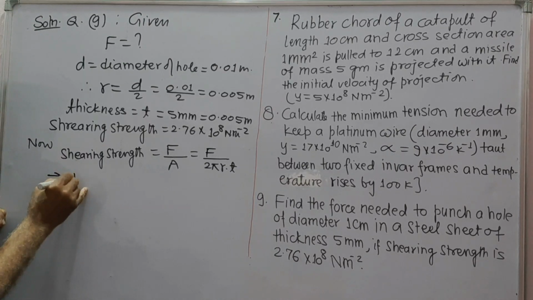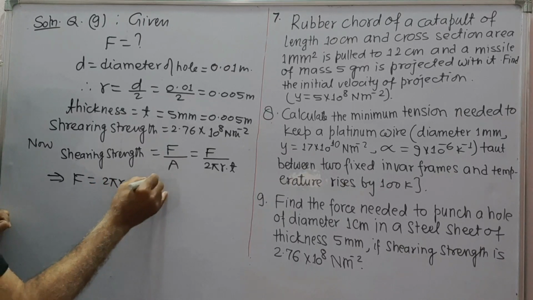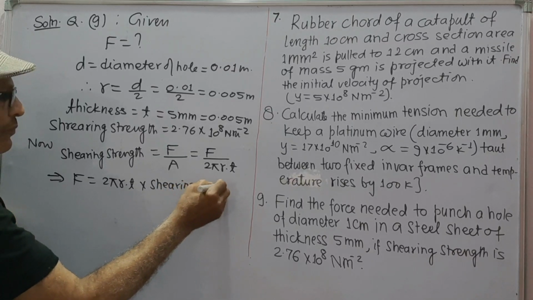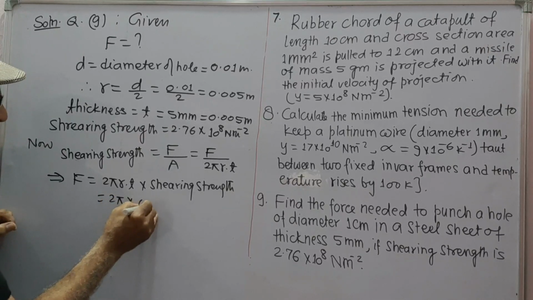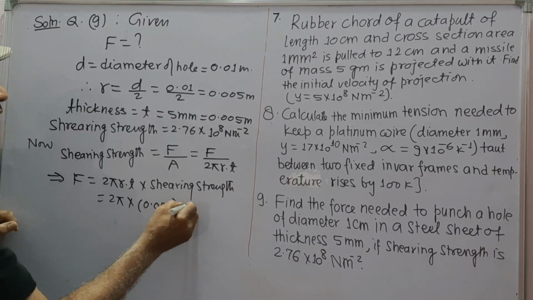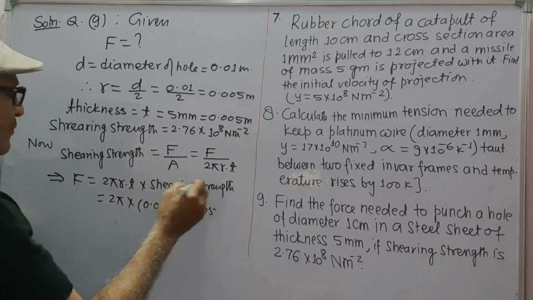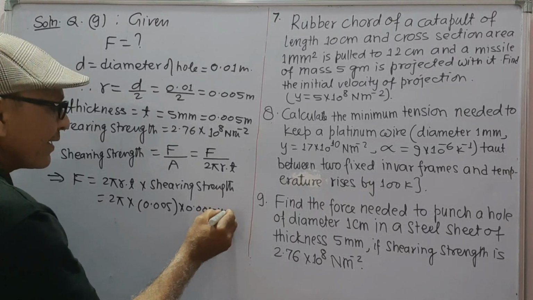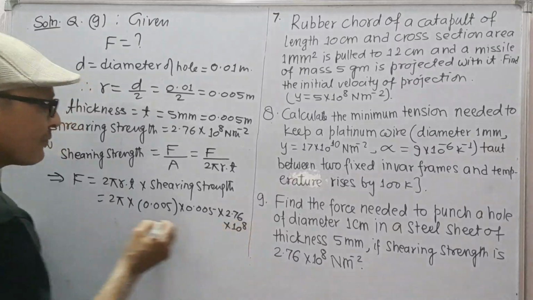This gives F as 2 pi r into thickness into shearing strength. 2 pi r is 0.005, into thickness is 0.005, 2 pi r into T into shearing strength is 2.76 into 10 to power 8.